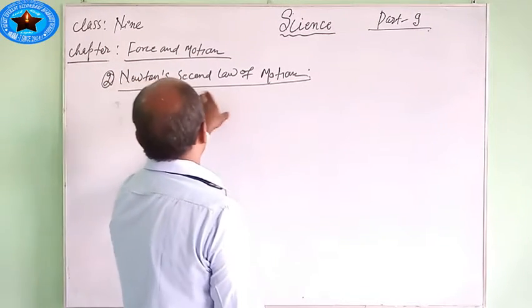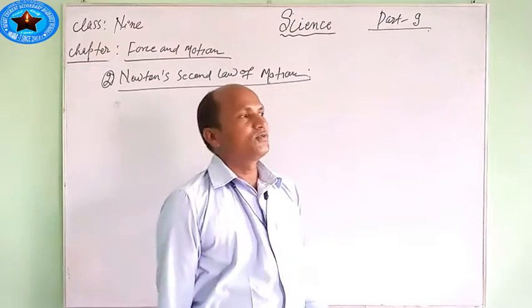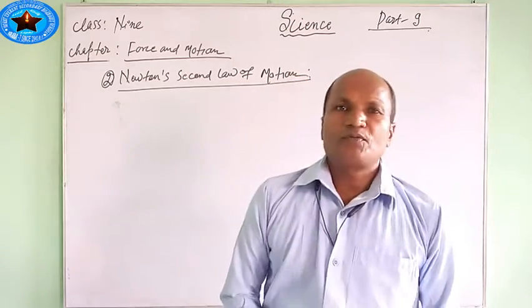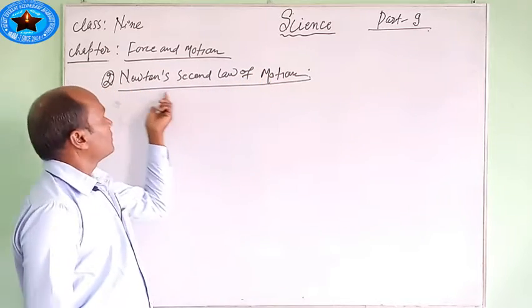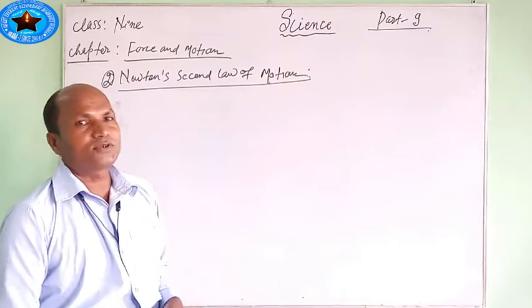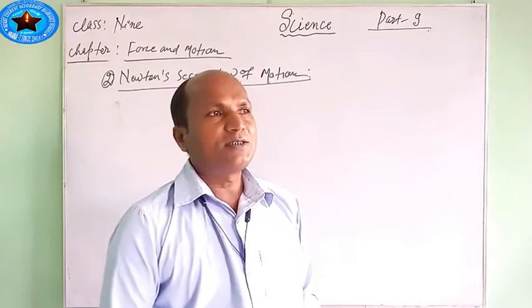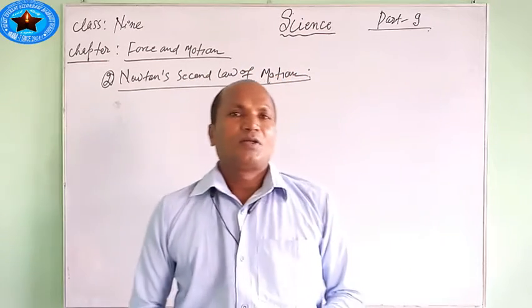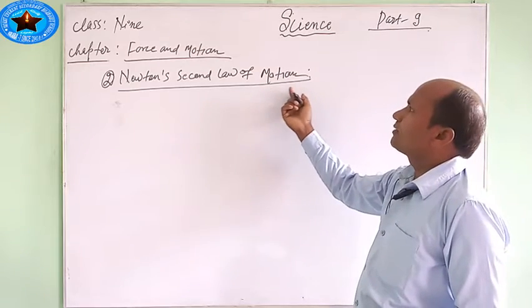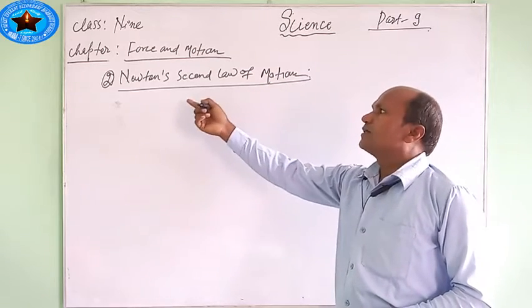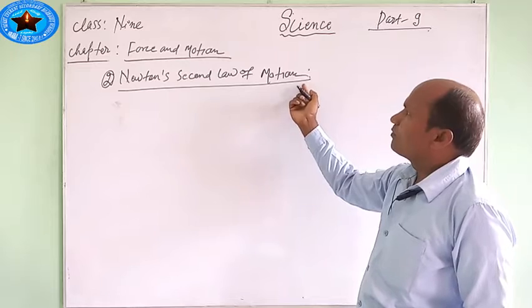Now we have Newton's second law of motion. After learning Newton's first law of motion, you come to know about Newton's second law. Newton also did different types of experiments, and after doing the experiments, he made the law. That law is called Newton's second law of motion.